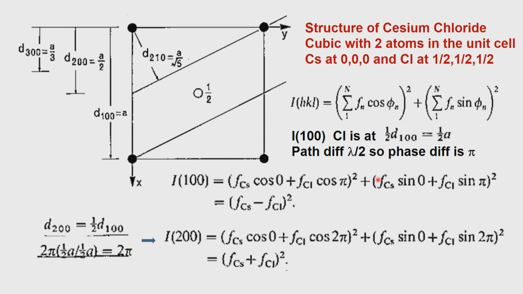If the atom positions have to be determined, that is the next step, which is our structure determination. We do not know where the atoms are, but we do have the experimental data now, which gives us the I versus 2 theta plot. Whether it is a powder diffraction or a single crystal, we get the individual reciprocal lattice points which can be indexed and the intensities can be measured.